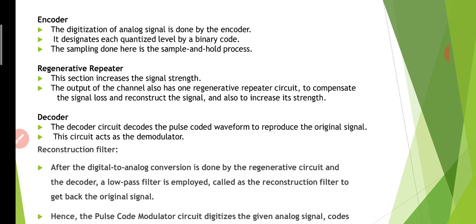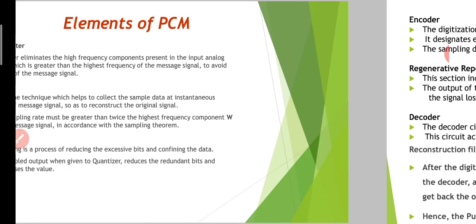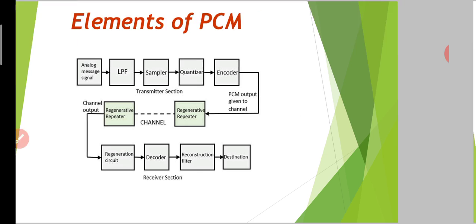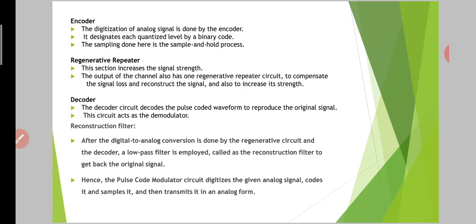It means the discrete-in-nature signals, the outputs of the sampler or quantizer, are both fed to the encoder. In the encoder section, the levels are further digitized. It means they are converted into bit strings.